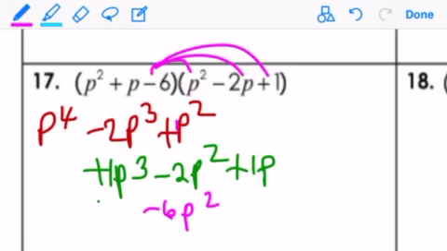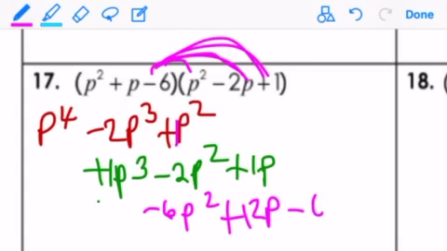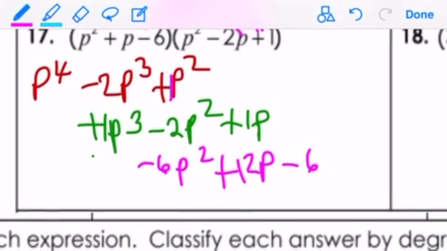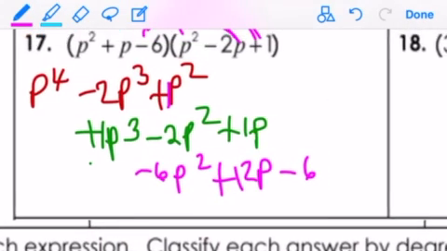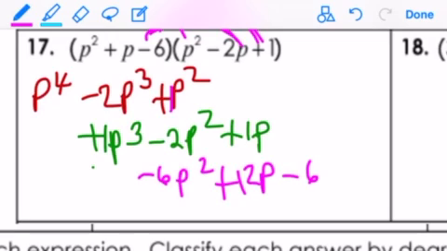Then we can add top down. Okay, and then -6 times -2p is a positive 12p. And then -6 times 1 is -6. Okay, so if you can tell there, I've already kind of grouped the like terms. And we can just add them up.